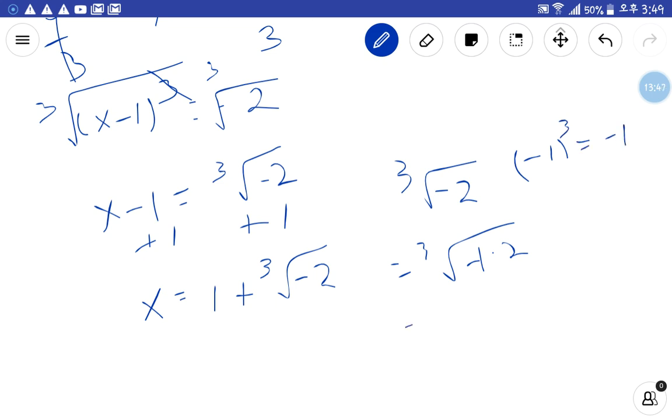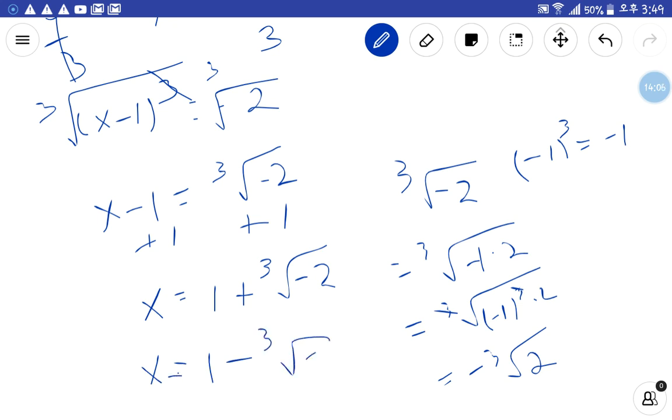So I can rewrite this negative 1 as negative 1 cubed and 2, which means I can cancel the cube and the cube root to take the negative out, and you are going to stay with the 2 inside. So my x is going to be changed into 1 minus cube root of 2. That is going to be my final answer.